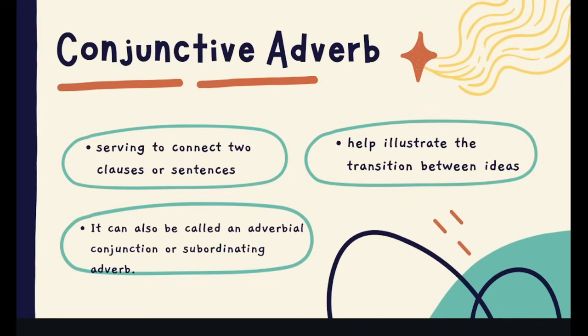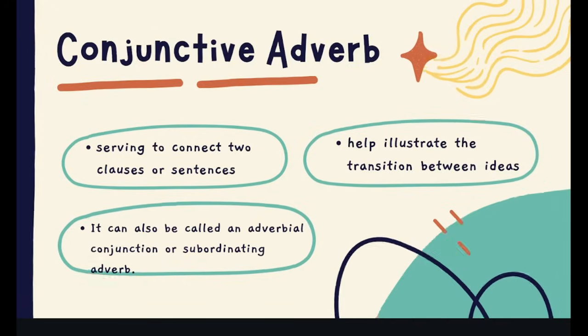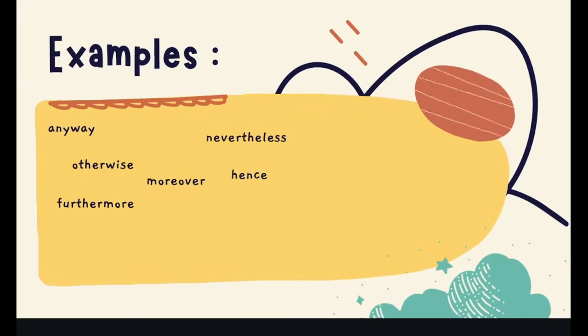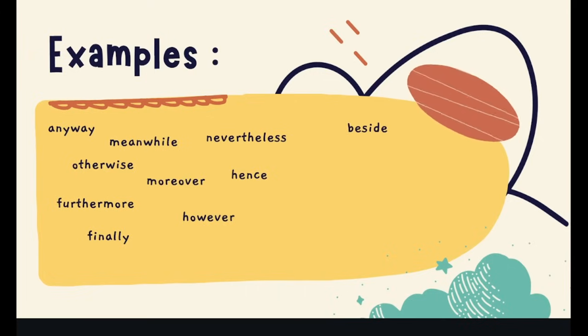It can also be called an adverbial conjunction or subordinating adverb. So, these are the adverbs that we use to identify a conjunctive adverb.